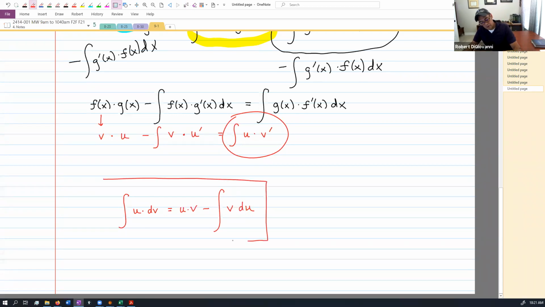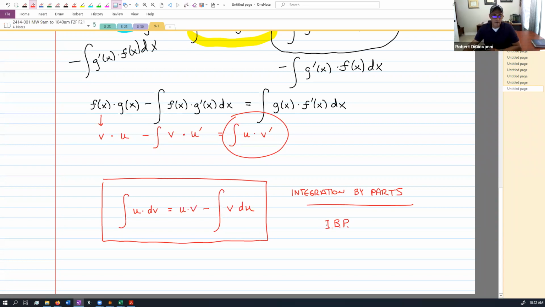This is what we refer to as the integration by parts formula, IBP, integration by parts.